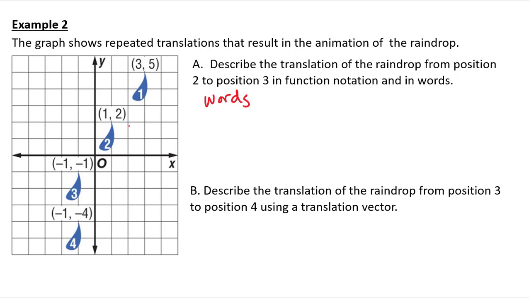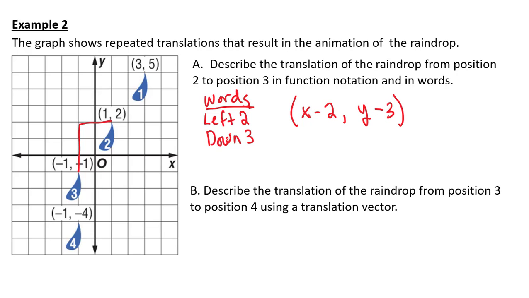From 2 to 3, I go left 2, and then I go down 1, 2, 3. In function notation, we take our x values and subtract 2, and for y we subtracted 3.